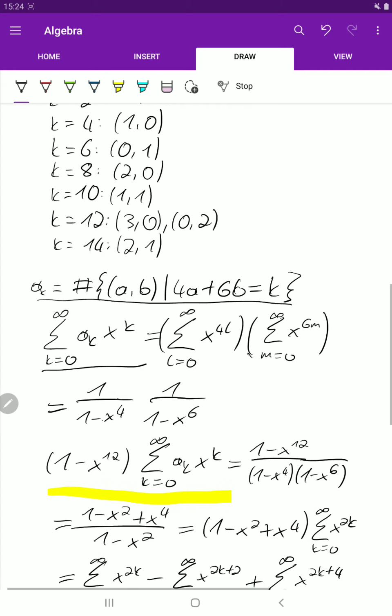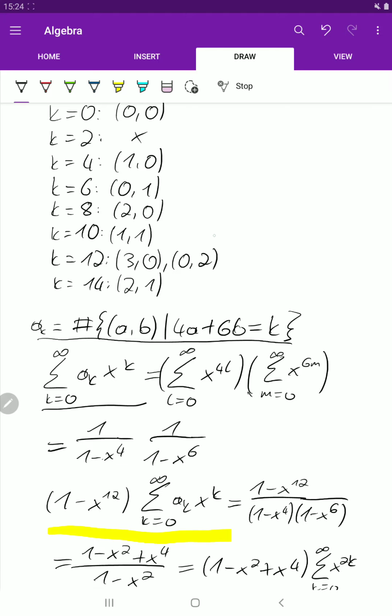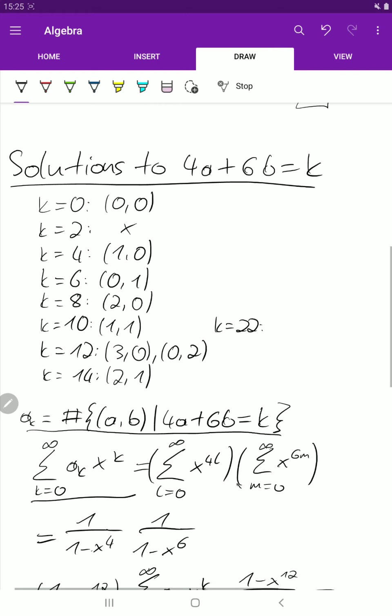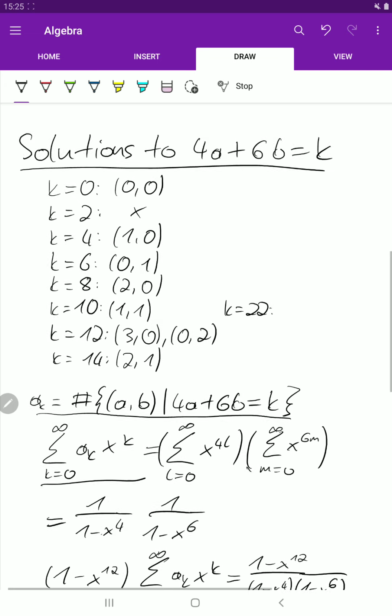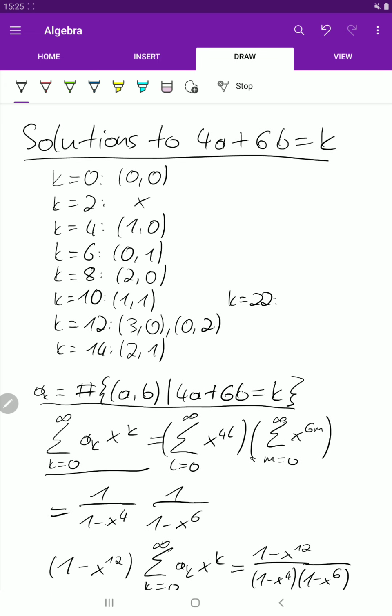And then we know that we have, let's take for instance 22. We know there have to be 2 solutions. Let's look for them. Well, now I have to think a little bit. So we have 18 and 4, so 1, 3.